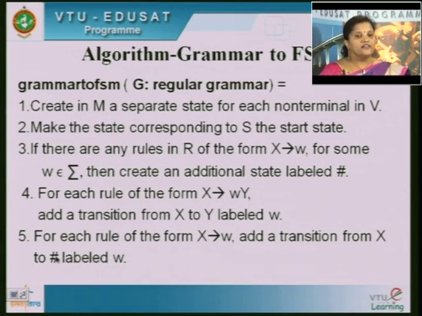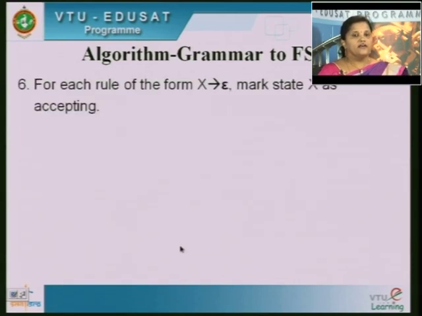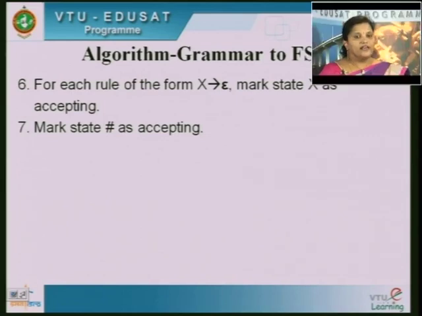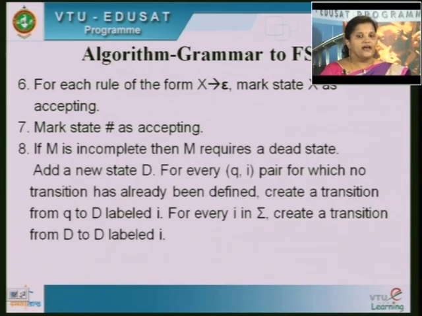So we create the accepting state hash, and add the transition w. Using these 5 rules we can convert the grammar to an FSM, and the last one is for each rule of the form X derives epsilon, mark the state X as accepting. That means if any non-terminal derives epsilon, you can mark that state as accepting.